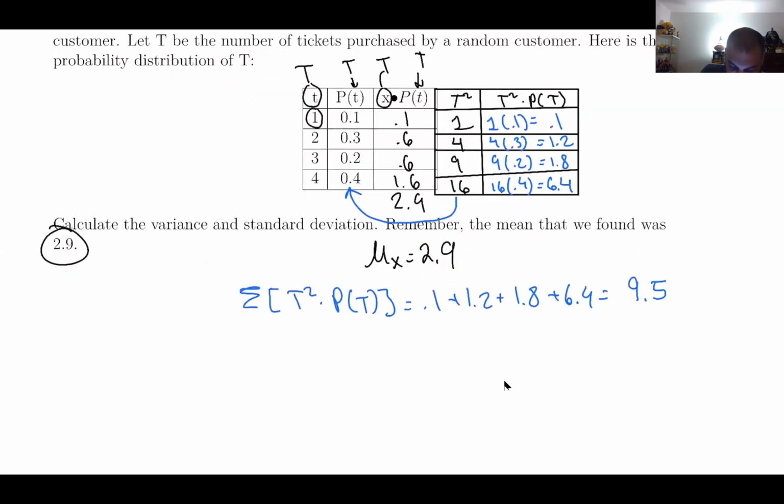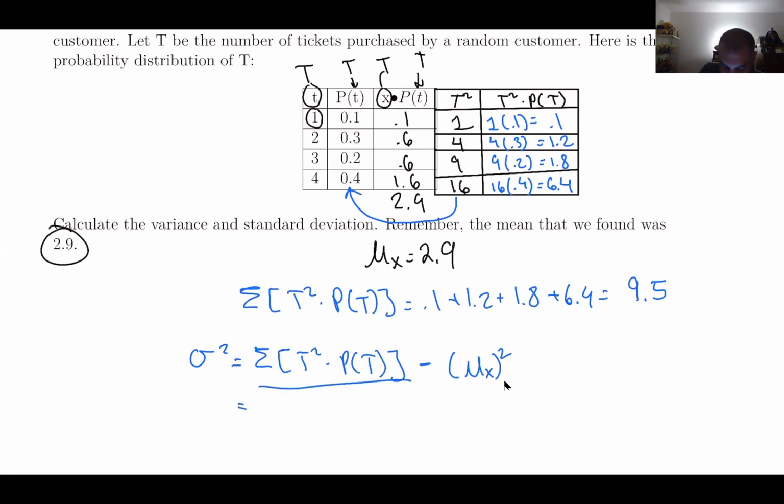So if you look at the formula for variance, all we have to do, we have to get the summation of t squared times p of t, and then subtract it by mu of x squared. So I already know that this value is 9.5 minus the mean, which we found over here to be 2.9 squared.